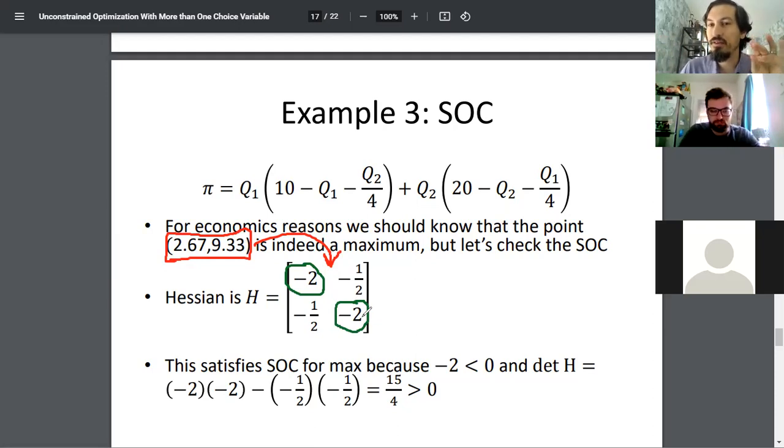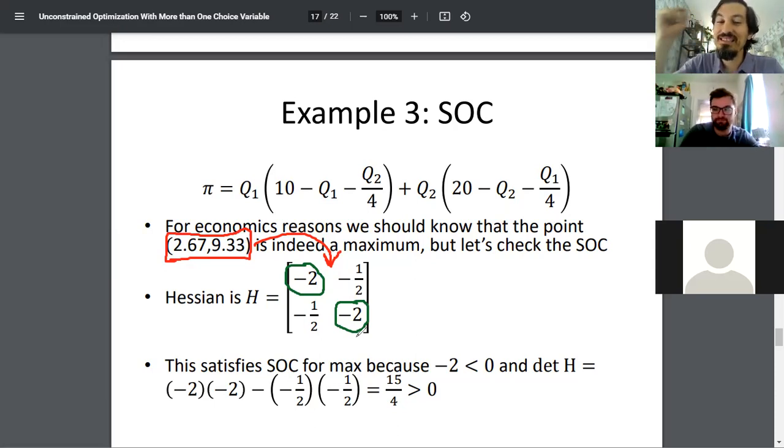I'm not saying that when one is negative, the other will always be negative. What I'm saying is that in order for the second order condition to hold, it must be the case that they both have the same sign. Therefore, I only need to check one of them.